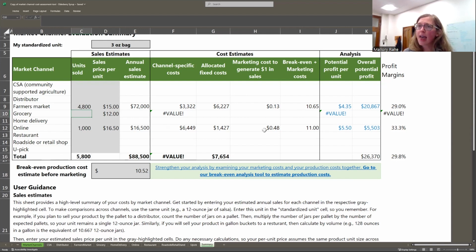So that is, Gladys, I see your question about a good profit margin for produce. Really, it depends a lot on your scale and what you're trying to do. Smaller scale producers should be aiming for higher profit margins because you have less of a cushion for when things go wrong, when production gets disrupted.